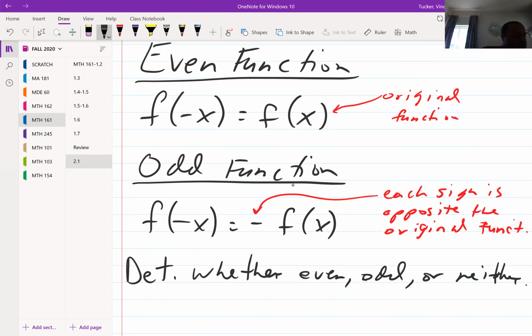All right, so the next exercise, determine whether it's even, odd, or neither.